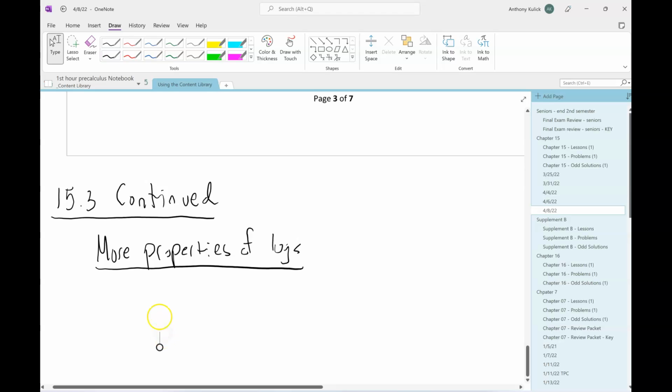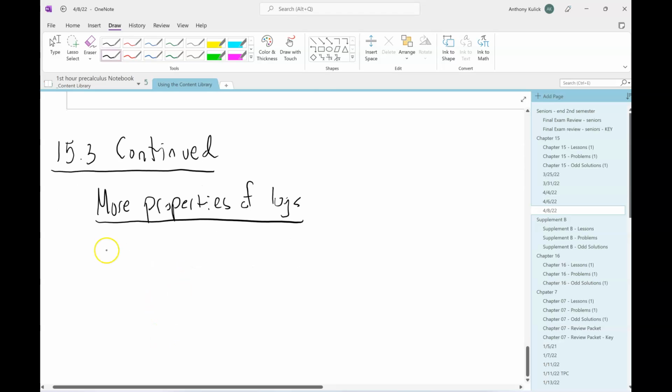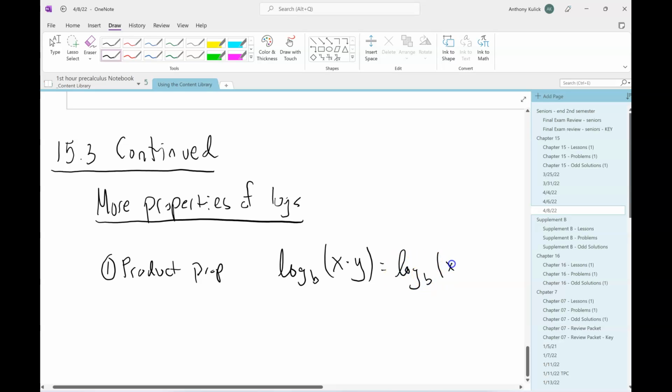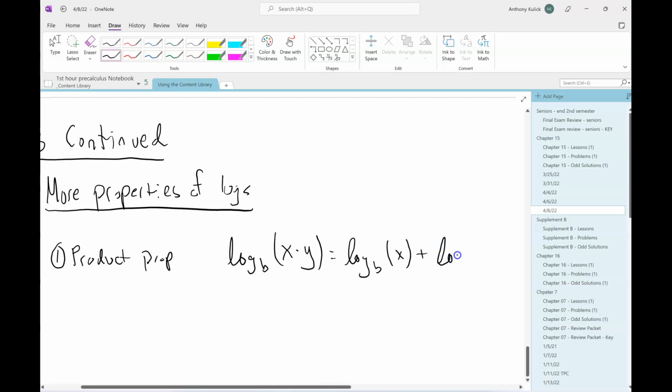We have 4 more properties that we're going to talk about here today. The first one is called the product property. And this says that log base b of x times y is equal to log base b of x plus log base b of y.